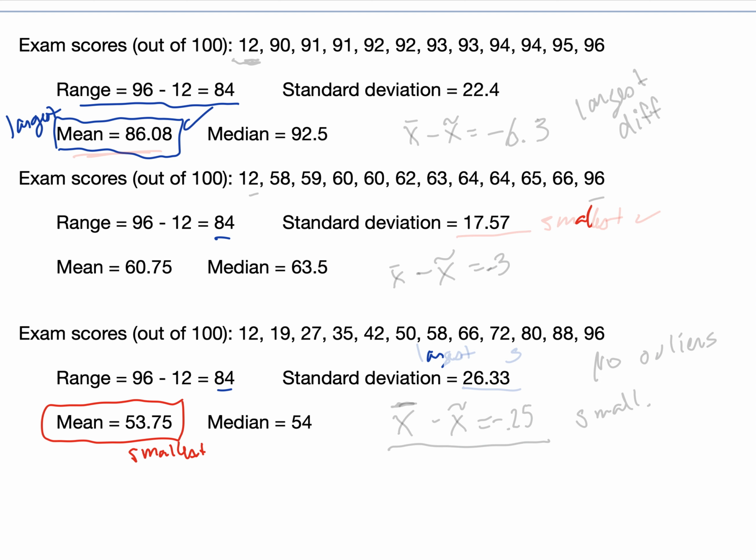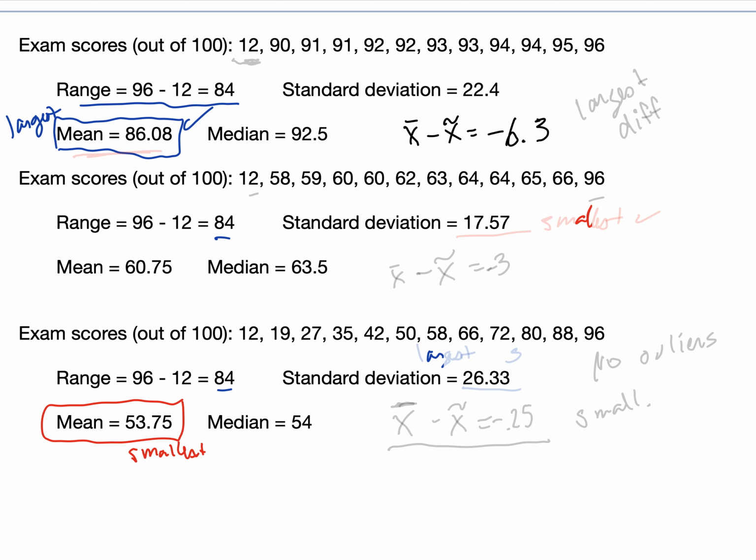What else did we look at? We looked at the difference between the mean and the median. So in this example, the difference between the mean and the median was, if we do it this way, a negative 6.4 essentially, 6.3-ish.